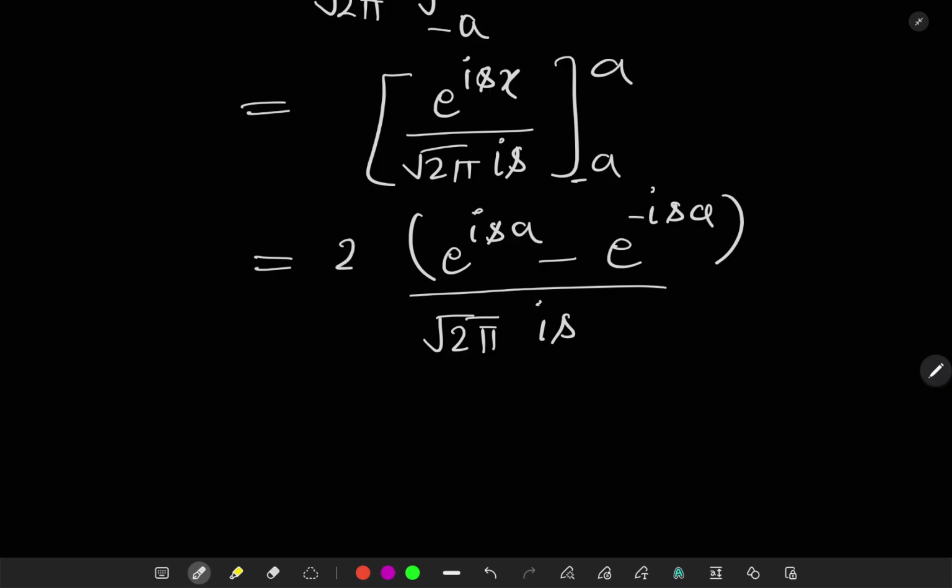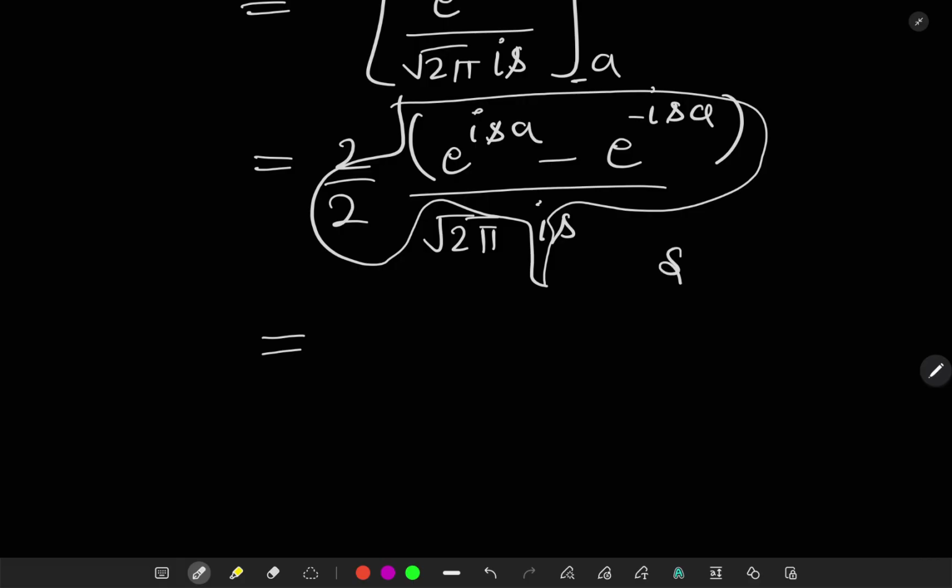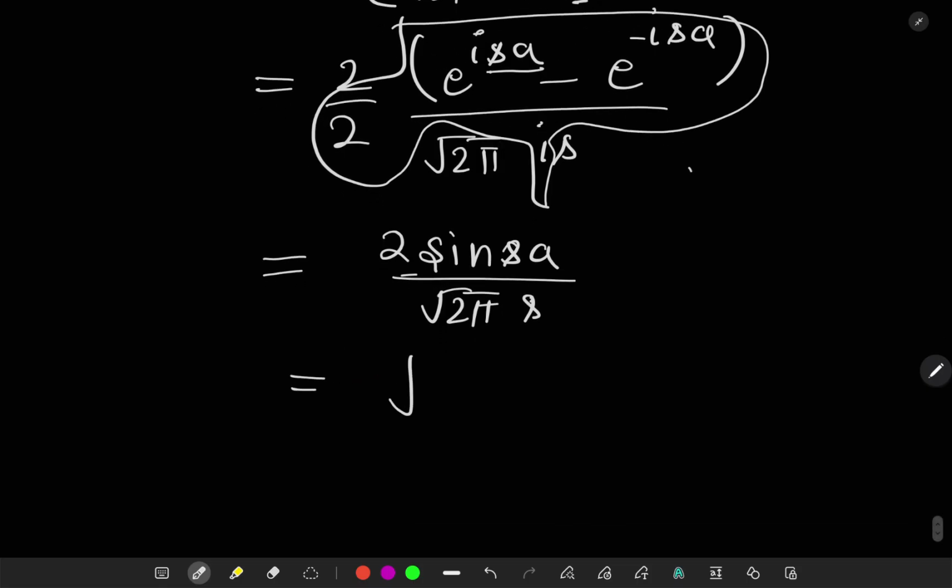Multiply and divide by 2 in numerator and denominator, and here you can see this term is sin x, where x is represented by sa, so we can write sin sa. So this becomes 2 sin sa divided by root 2 pi s, or we can write root 2 by pi sin sa divided by s.